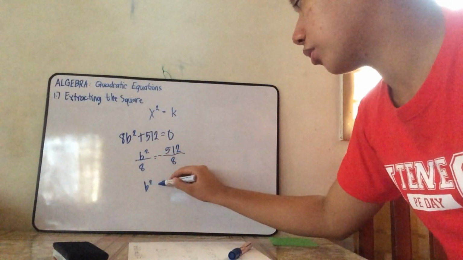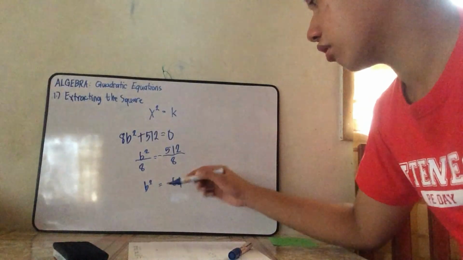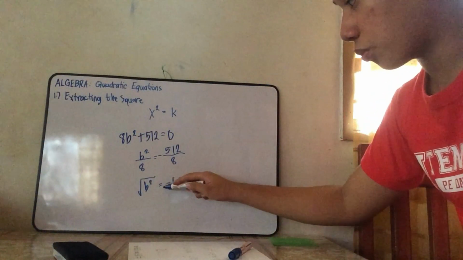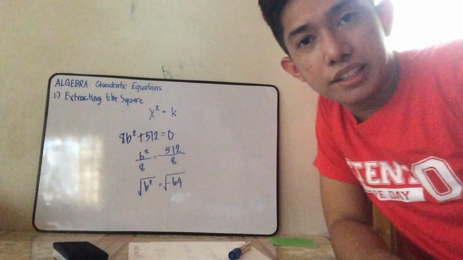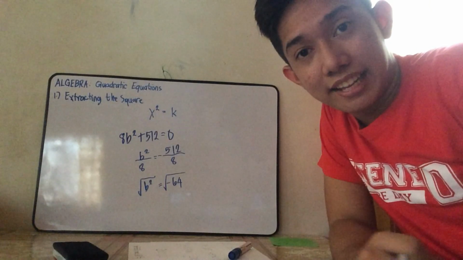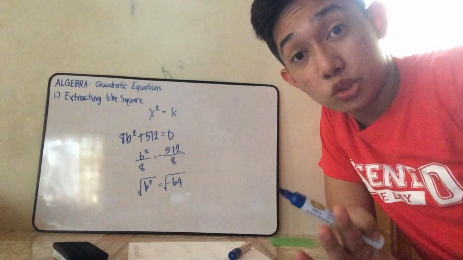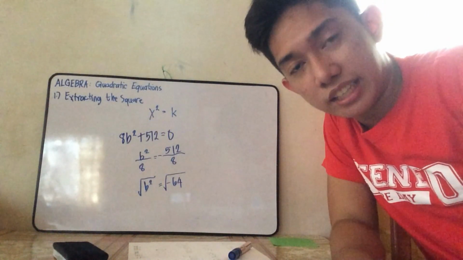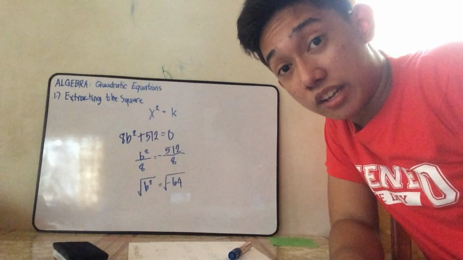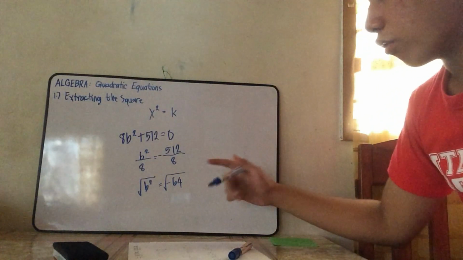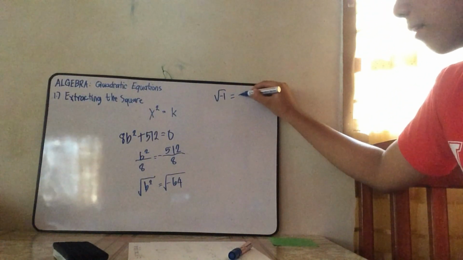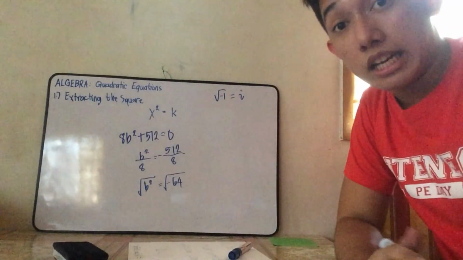Then b squared is equal to negative 64. My question: if we take the square root, can we get the square root of negative 64? No. Because there is no square root of a negative, as I said earlier. So therefore, it will contain the square root of negative 1, which represents an imaginary number.